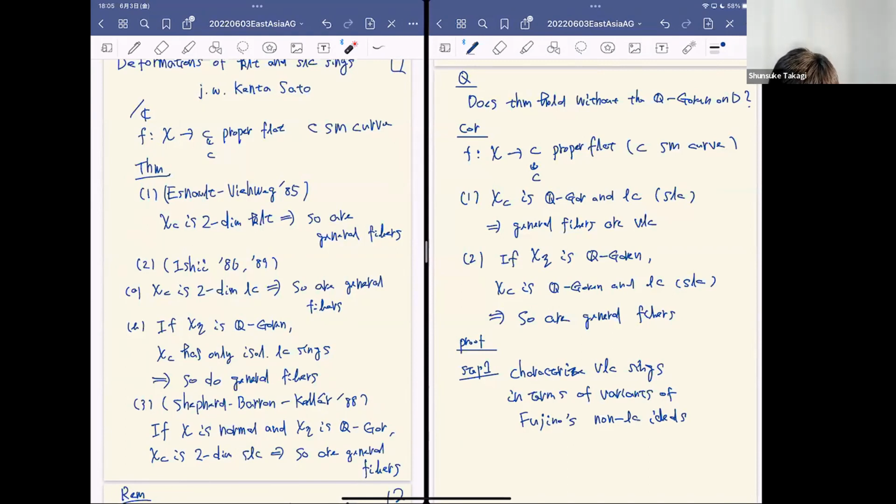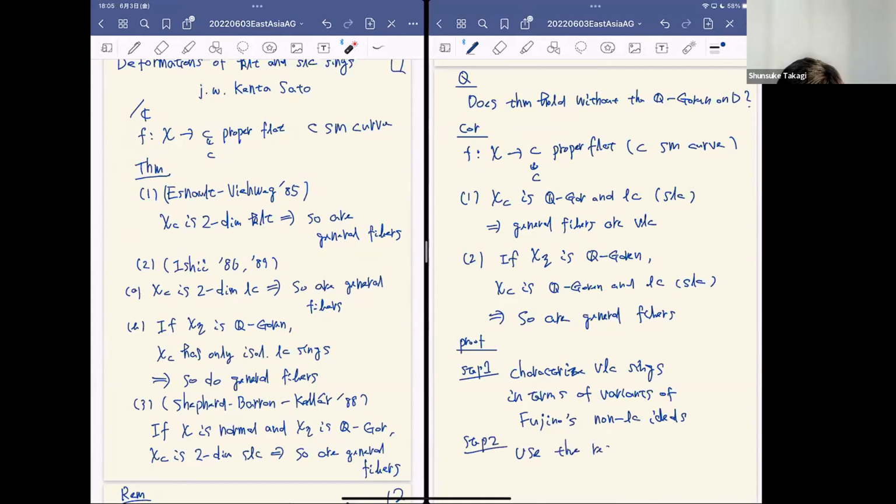But for our purpose, his non-LC ideal is not enough. So we introduce a variant of Fujino's non-LC ideals, and using that ideal, we characterize variative log canonical singularity. This is step one.